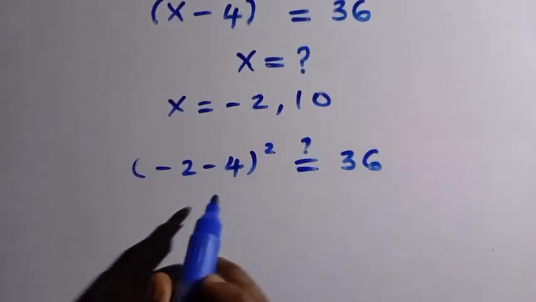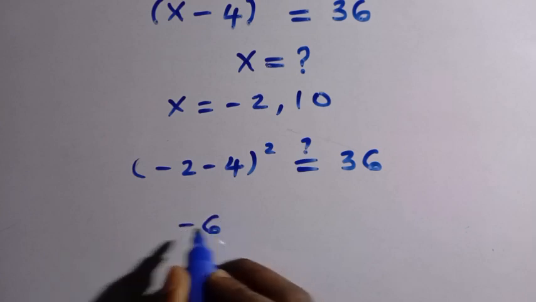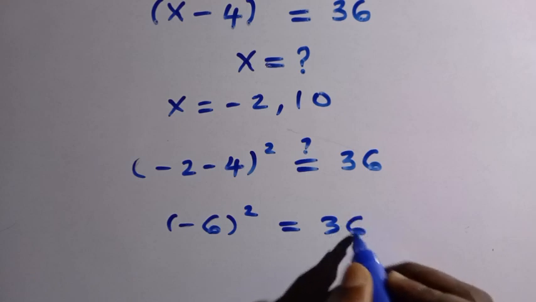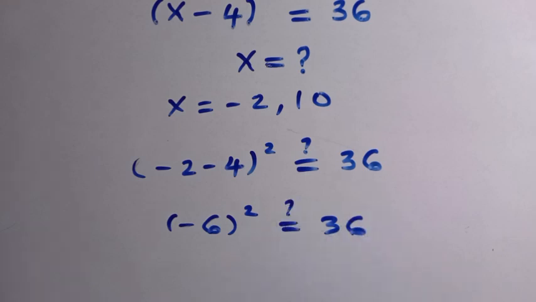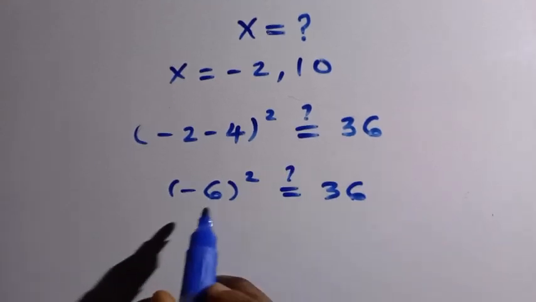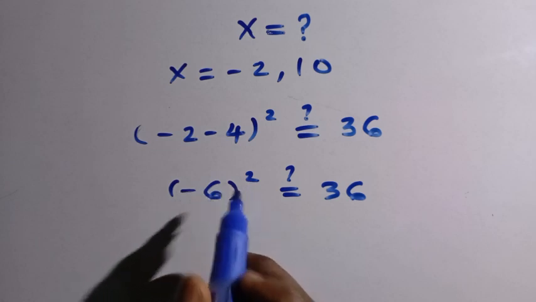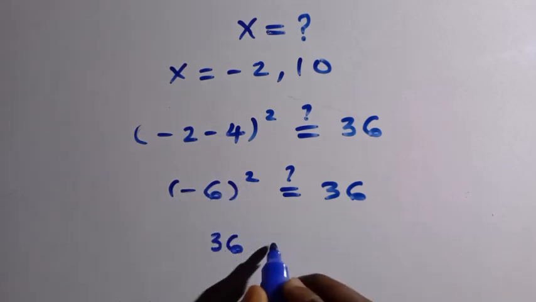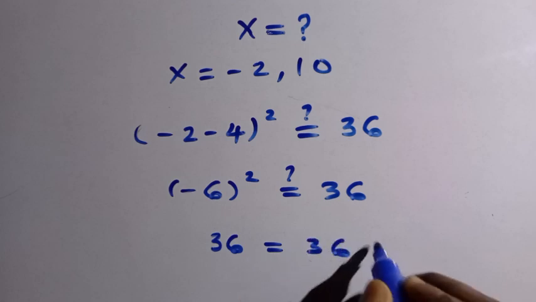From here, -2 - 4 is -6, all squared, so equals 36. As (-6)², this minus will go because of the square, and here is 6 squared. So 6 squared is 36, equals 36.